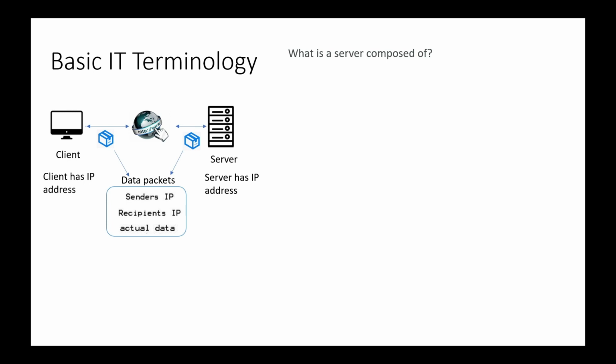What is a server and what is it composed of? A server is nothing but a computer, but it has more capability, like more CPU, which means more processing power, more RAM, and more storage. It may not have a monitor, but it has more capability because it has to handle a lot of requests from clients.